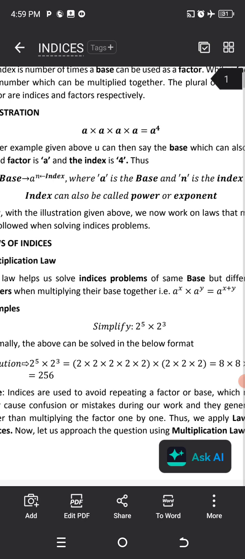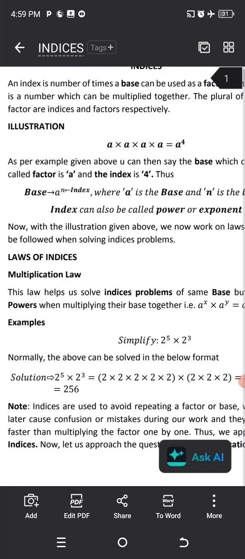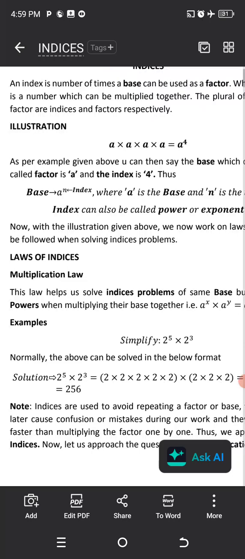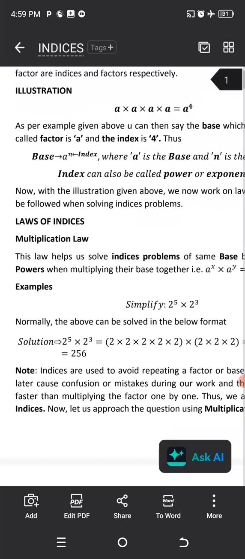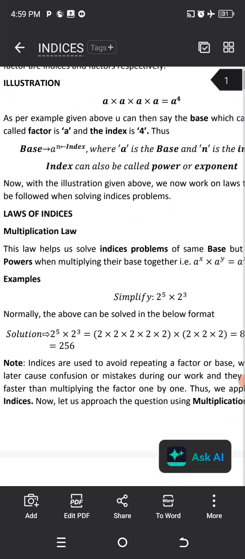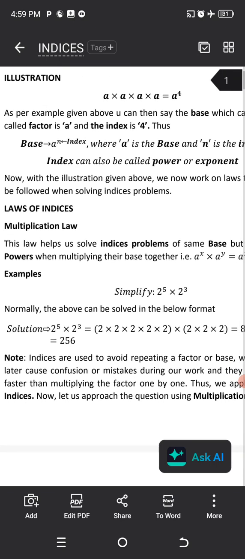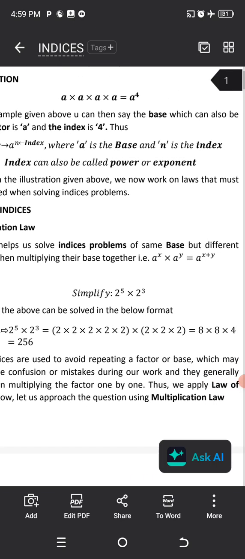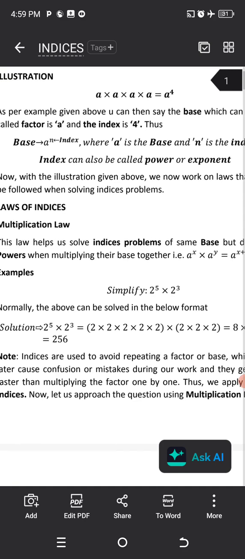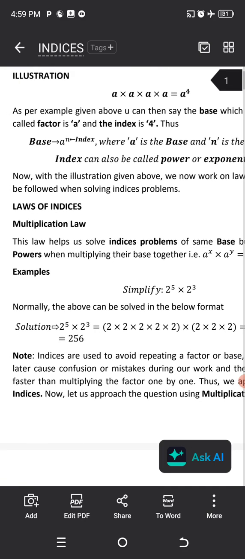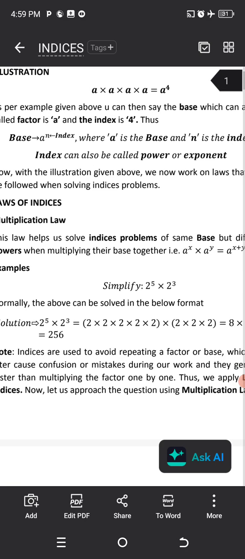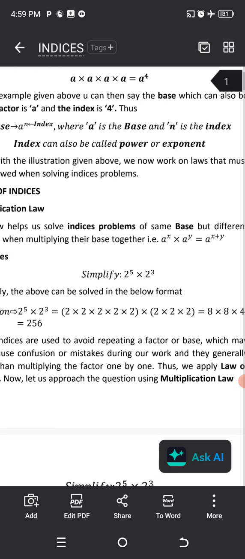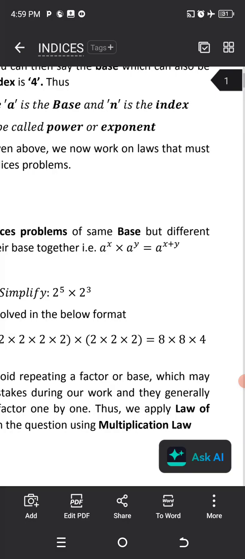Now, with the illustration given above, we work on laws that must be followed when solving indices problems. The first one we'll be working on is the multiplication law. This law helps us solve indices problems of the same base but different powers, and sometimes the same power, when multiplying their bases together.